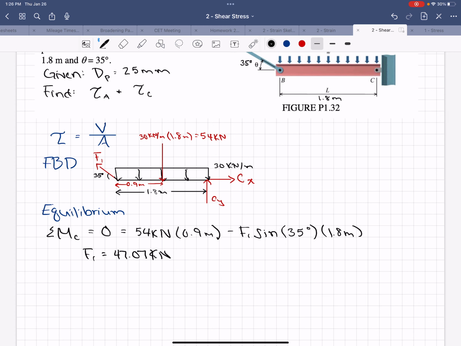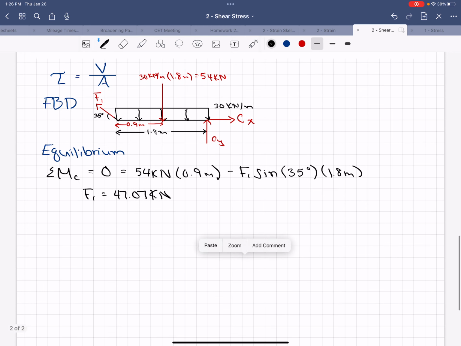All right, now I can either do the sum of the forces in the x or the sum of the forces in the y. Start with the sum of the forces in the x. Here, this all equals 0. This equals Cx. I have it drawn positive. So Cx minus the x component of F1, which is F1 times the cosine of 35 degrees.